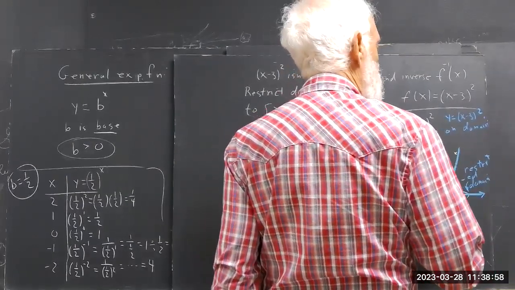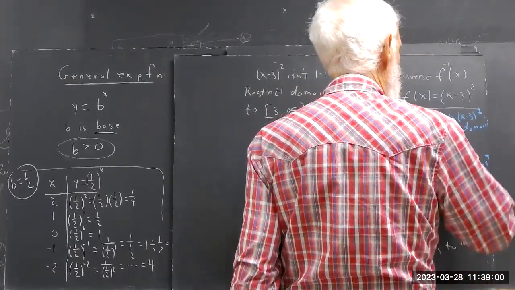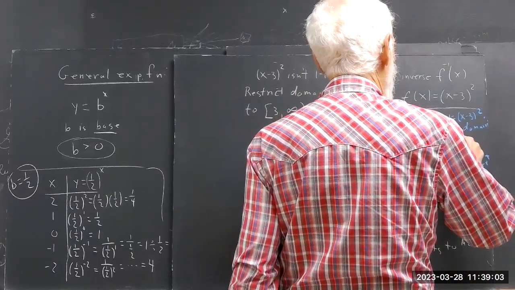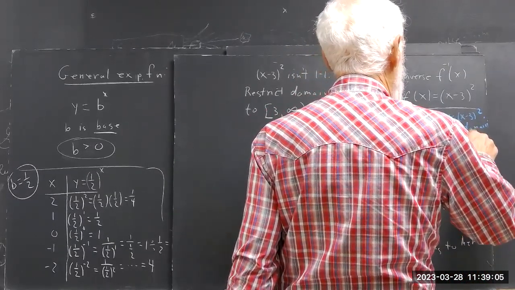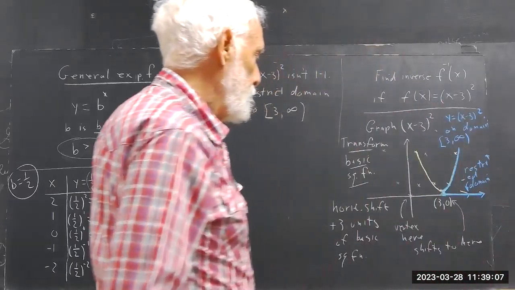The blue graph is y equals (x minus 3) squared on the domain [3, infinity).